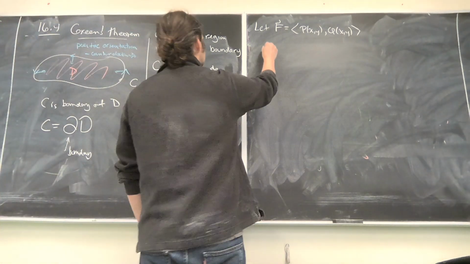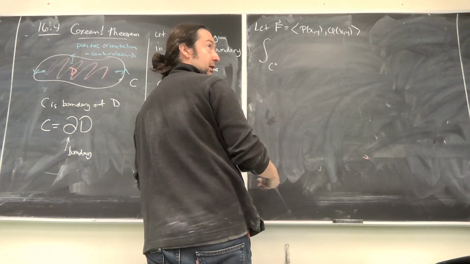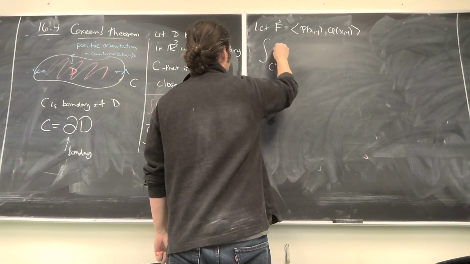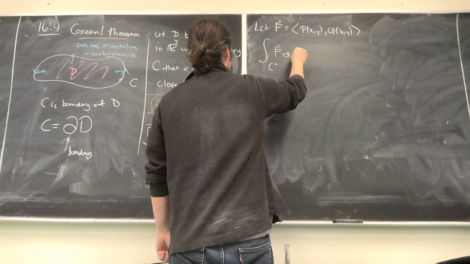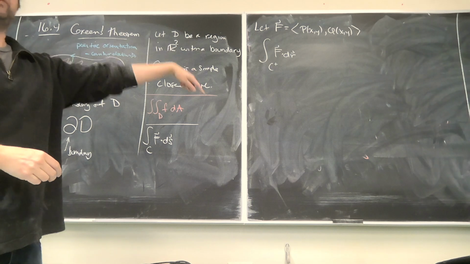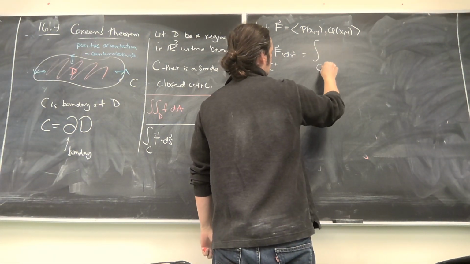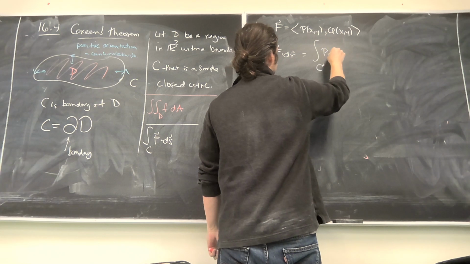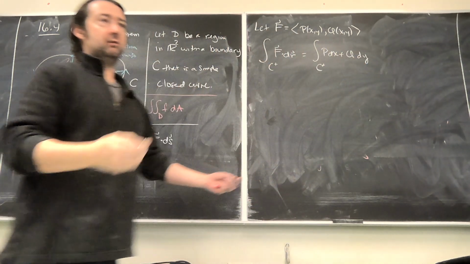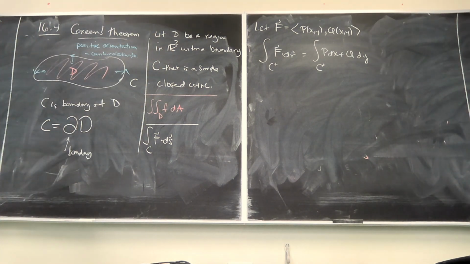And if I wrote down the integral around C in the positive direction, that's what the plus means there, so positively oriented curve C, of F dot dr, one way I could write the integral of F dot dr would be the differential notation for this, which is the integral over C plus of P dx plus Q dy. Those are the same thing, right? If F is equal to (P, Q), then F dot dr is just P dx plus Q dy.